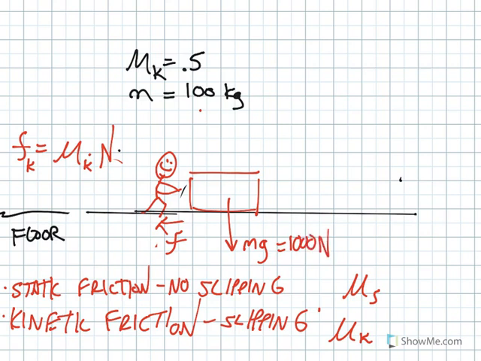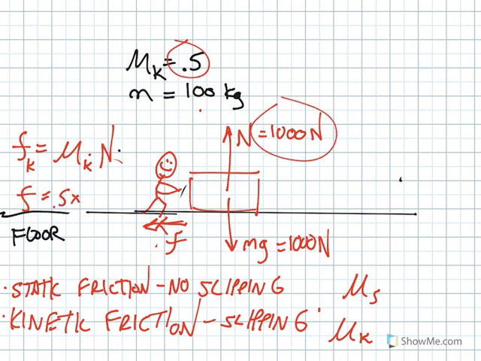And since the block is not accelerating up or down, the force that the floor exerts up on the block, the normal force, is also 1,000 newtons. And so the frictional force acting to try to keep this thing from slipping is equal to mu times N. So in this case, that frictional force is equal to 0.5 times 1,000 newtons. So that frictional force is 500 newtons.